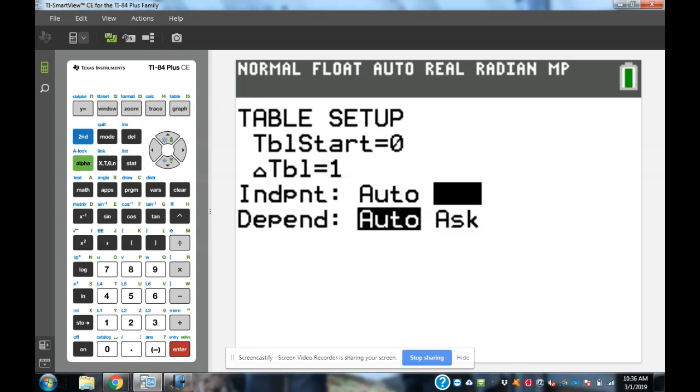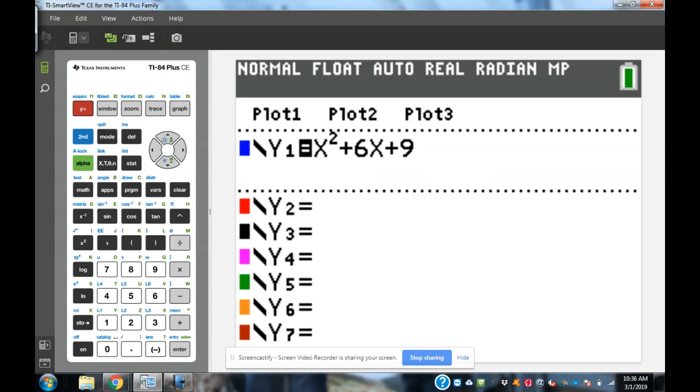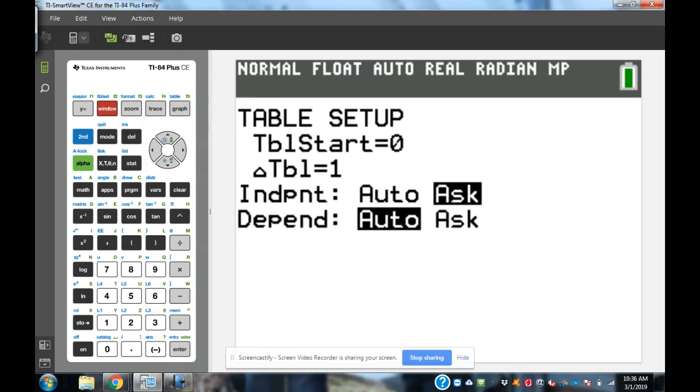If you do that, that's going to allow you to type in the x values that you want into the table. The next thing we want to do is from the y equals menu, you won't have to do that every time anymore. So second window, make sure the independent is set to ask, the dependent is set to auto.